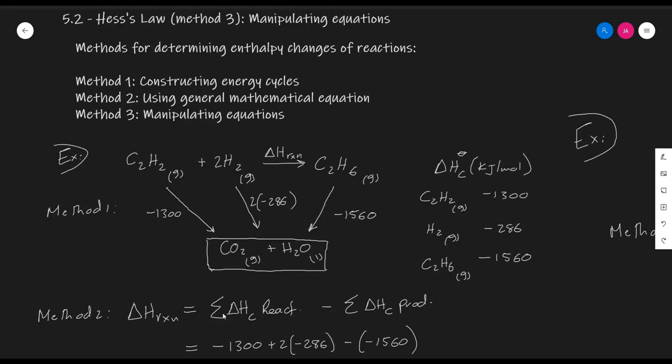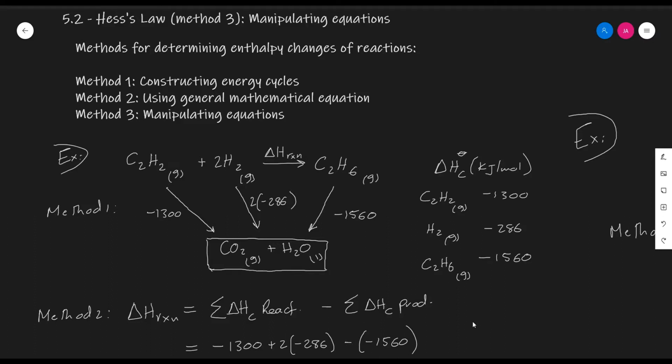Thus, this would be listed as negative 1,300 plus 2 multiplied by negative 286, subtracted from negative 1,560, because the arrow in this direction is exothermic. Thus, we're going to move against the arrow, in the opposite direction, which would render this reaction endothermic. This is why this negative sign was placed here. It's to convert the negative 1,560 into a positive.